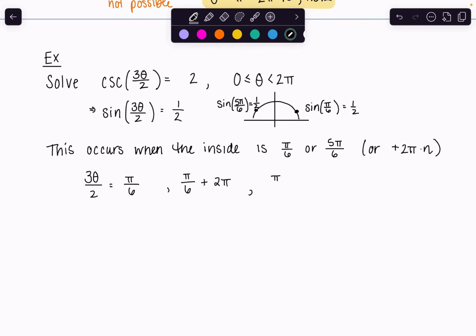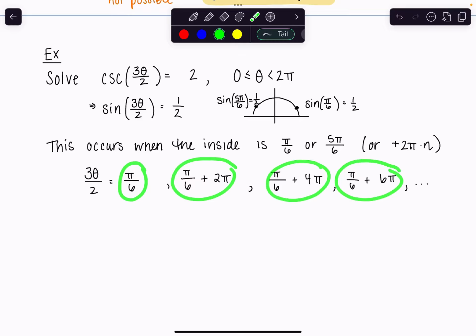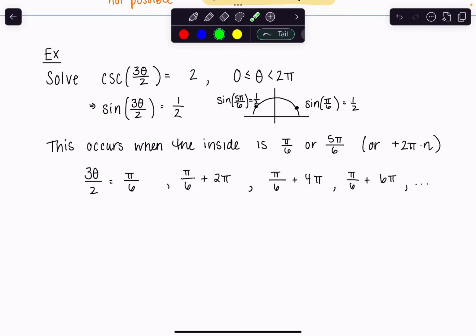Or if that inside is equal to pi over 6 plus 2 revolutions, which would be going around 4 pi. And then for good measure, we'll do one more. Go around a third revolution would mean we add 6 pi. And then again, really, you can keep going through this, okay? So if the inside is equal to this, this, this, or this, the sine function will output a half.